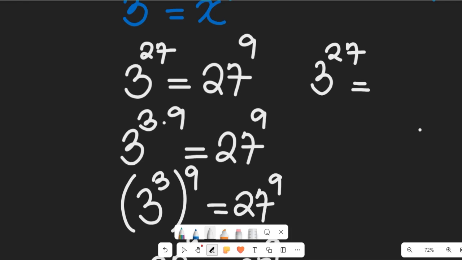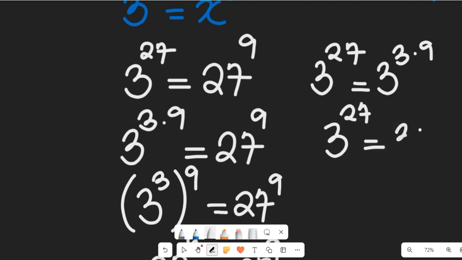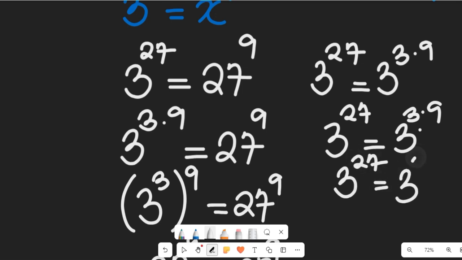Now 27 can give me 3 to the power of 2 times 2, 3 times 3, 9, 9 times 3, that is 3 to the power of 3 multiplying 9, and this will give me 3 to the power of 27, and this will be equal to 3 to the power of 3 to the power of 3 multiplied by 9, and then I'll have my 3 to the power of 27 equal to 3 to the power of 27.